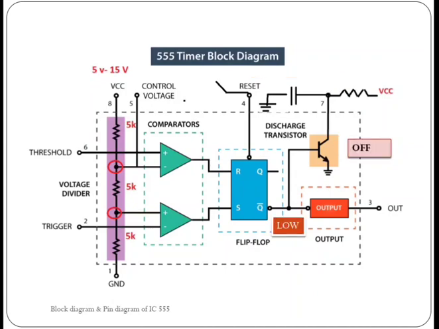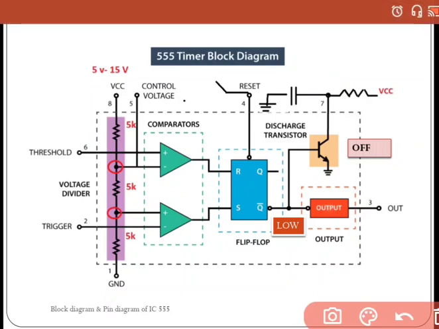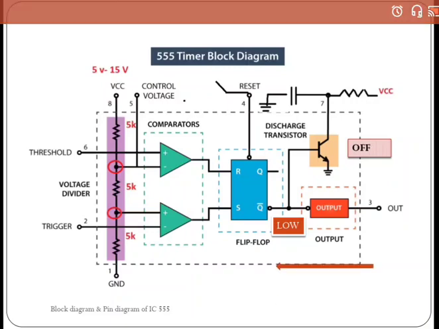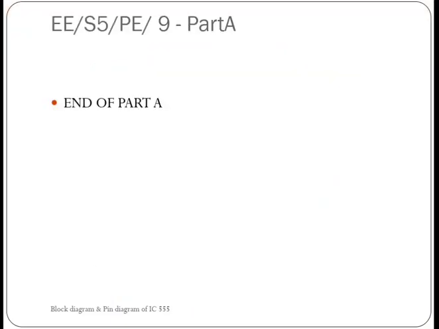Now say if the Q bar is low, that means the signal at the base is 0. That means the transistor is off. That means there is no connection. It should not discharge through this path. So what will happen? The capacitor will charge through this path.